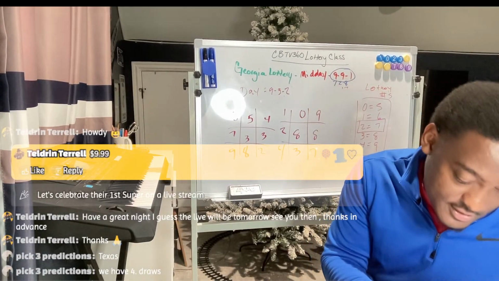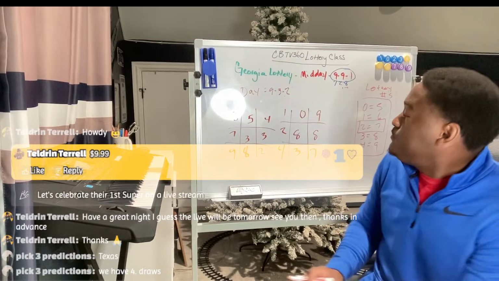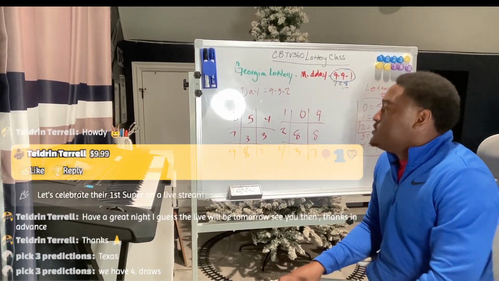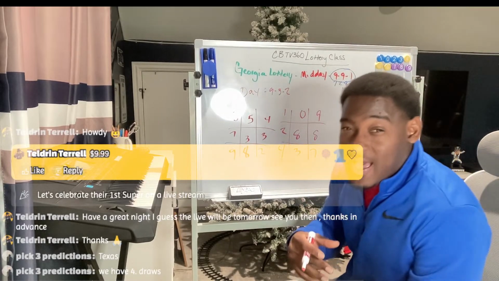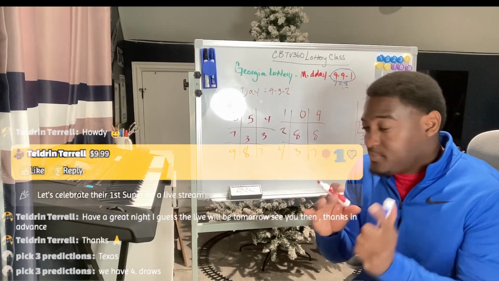We did the 932, correct? Once again, I'm gonna get the advanced charts because I haven't studied the Texas pattern, but just bear with me.